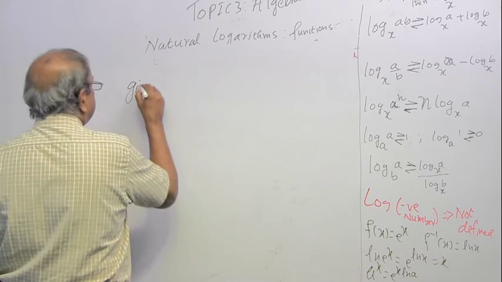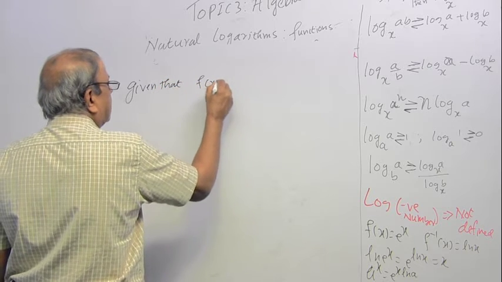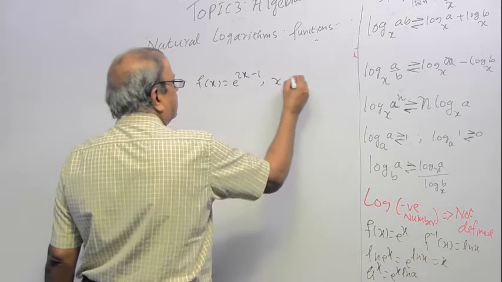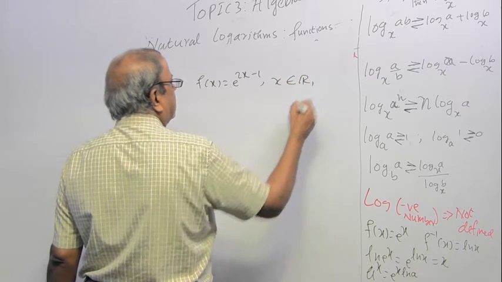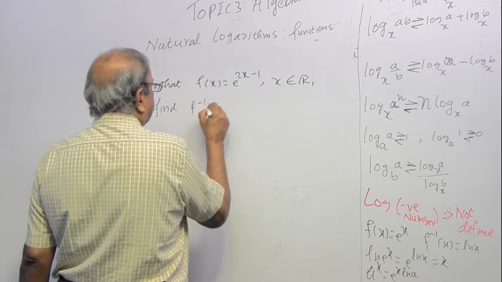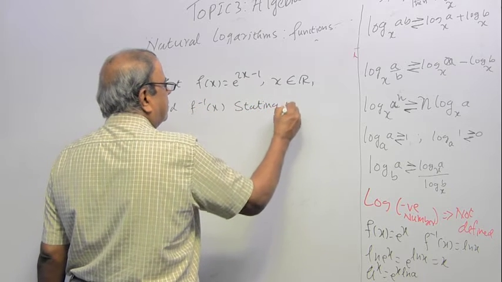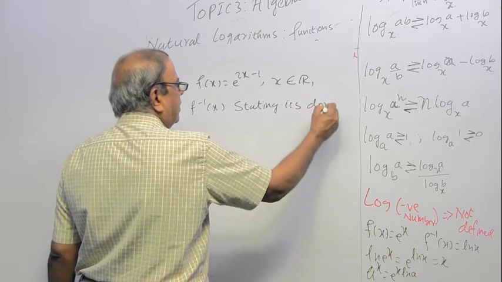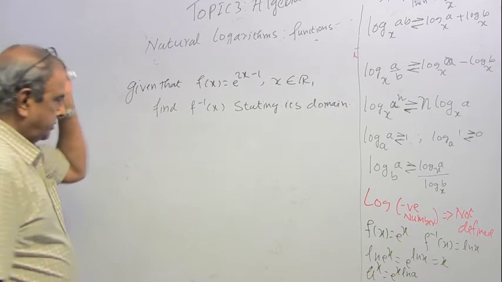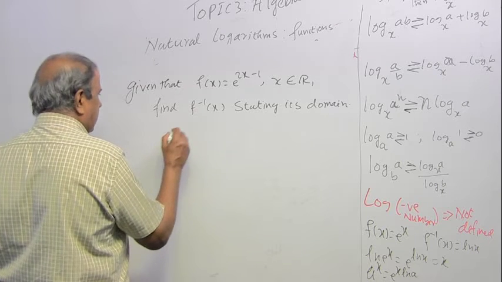Given that f of x equal to e power 2x minus 1, x belongs to R, find f inverse x stating its domain. A typical 3 or 4 mark question. Now, how do we do this? You know the graph of e power x.